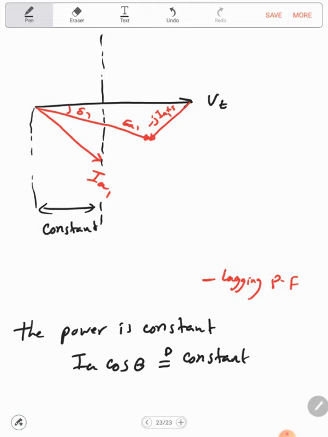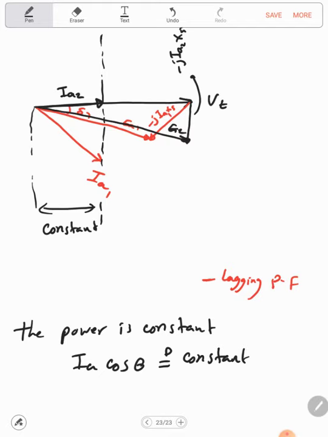Because we are assuming constant power, this will be the IA2 in the case of the unity power factor, and this will be the minus j IA2 XS, and this will be EA2.